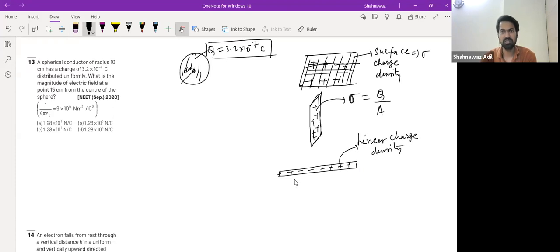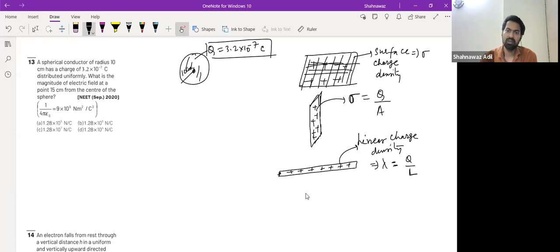Aisha, are you getting this point? Yes, sir. So linear charge density is represented by lambda, and this would be how much? Q by L, right? So this would be the linear charge density.